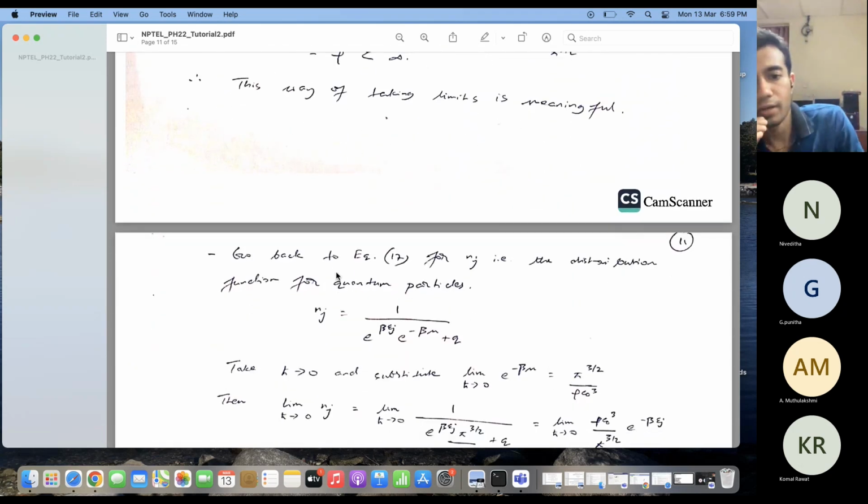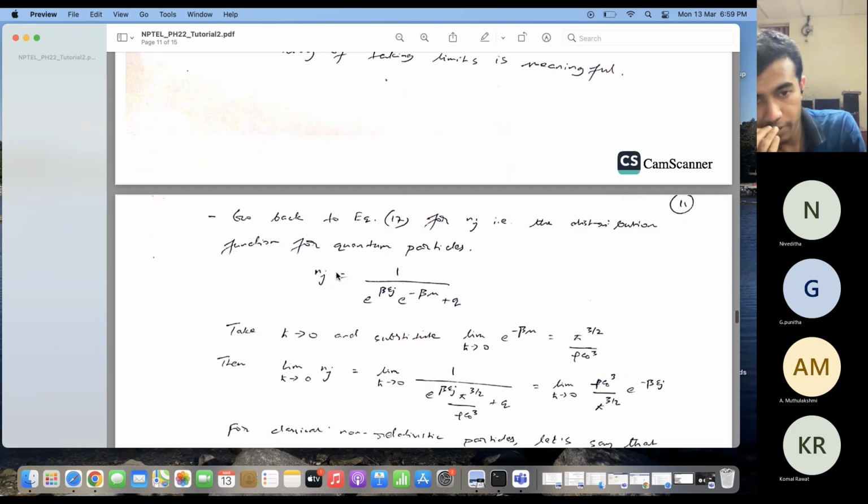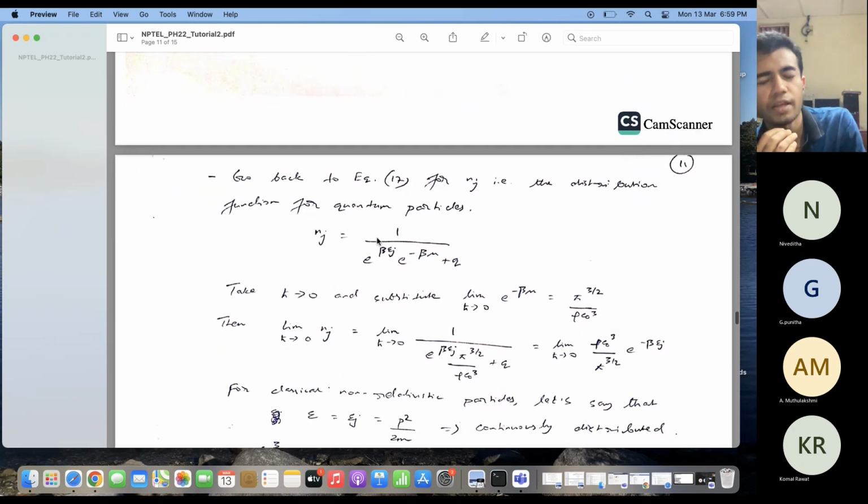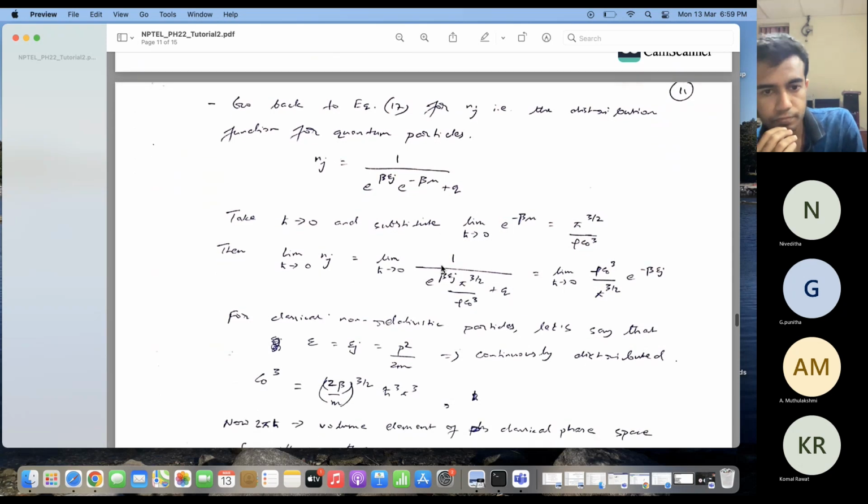So now we go back to equation 17, where we had derived the distribution function for quantum particles. That is the occupation number n_j equal to 1 by e to the power beta epsilon_j e to the power minus beta mu plus q. Okay, I take the limit h cut going to 0 and substitute the value of e to the power minus beta mu in this limit.